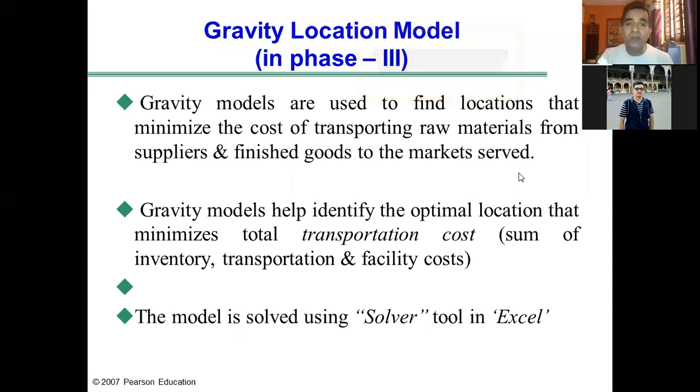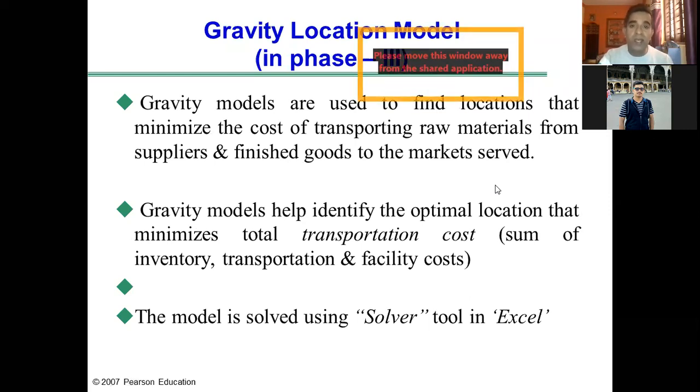Gravity models enable a company to identify strategic locations where the distance between suppliers of raw materials and the company, as well as between the company and the market, is minimized, thereby minimizing transportation costs.